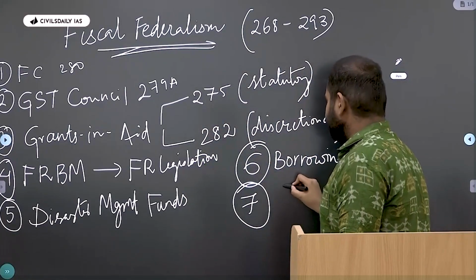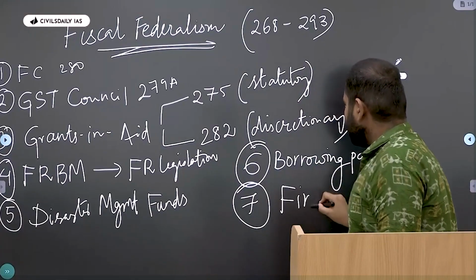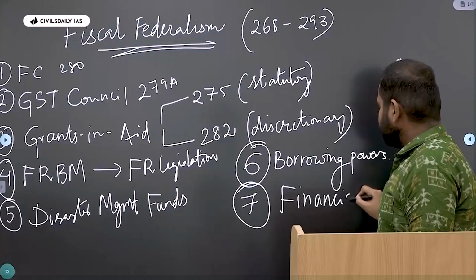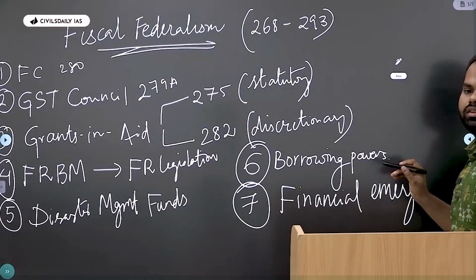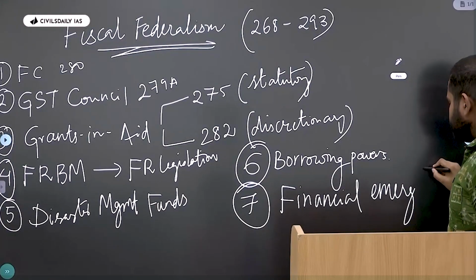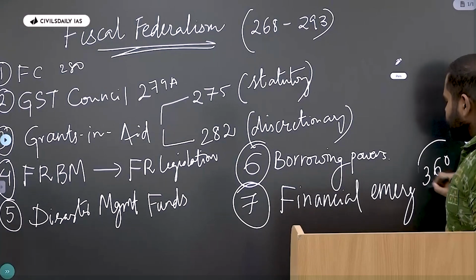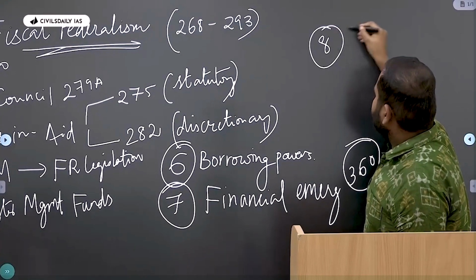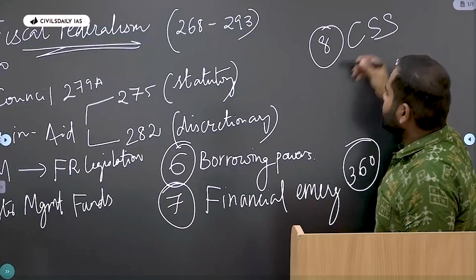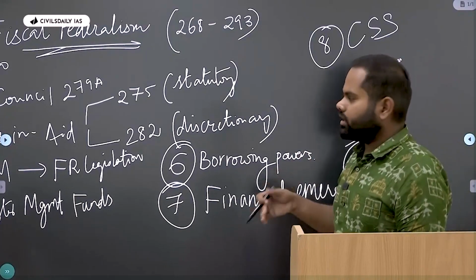Another that is pretty straightforward is the financial emergency, Article 360. And another one is again the centrally sponsored schemes, which also talk about fiscal federalism.